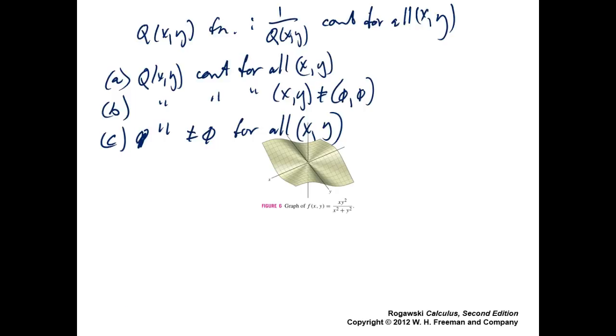Let's see. If q of x,y was not continuous somewhere, then 1 over q of x,y I don't think could be continuous either, right? It just doesn't seem like it could be. So A kind of has to be true too, and certainly if that's true for all x,y, it would be true for x,y not equal to (0, 0).